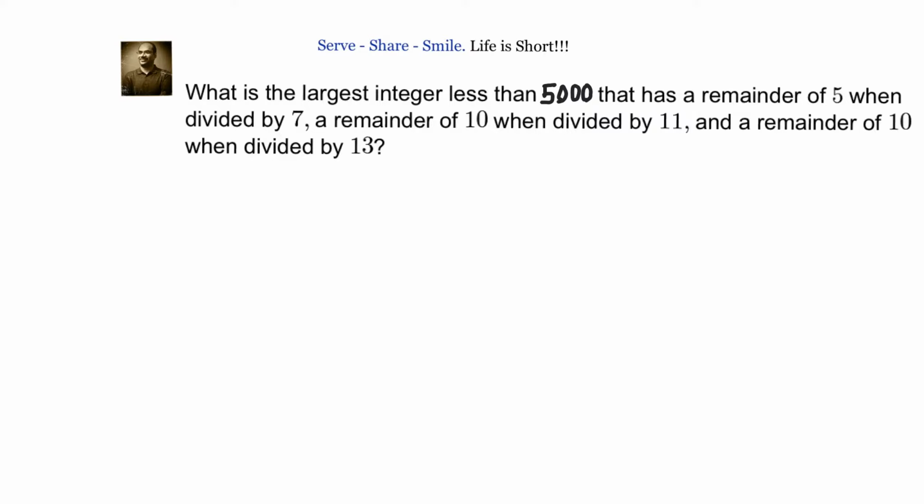From the first condition, x leaves a remainder of 5 when divided by 7, so I can say x equals 7 times q1 plus 5. That means my number will leave a remainder of 5 when divided by 7.